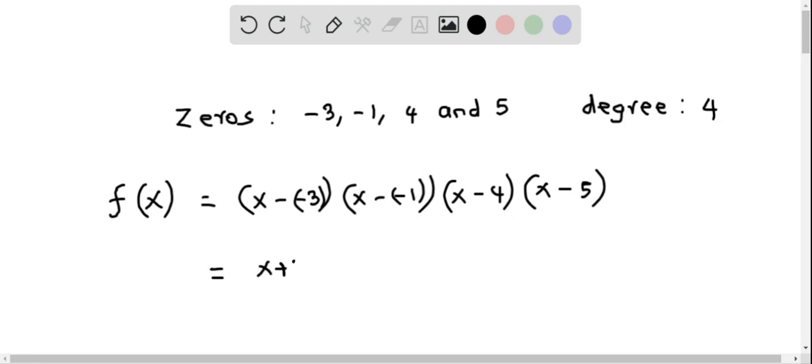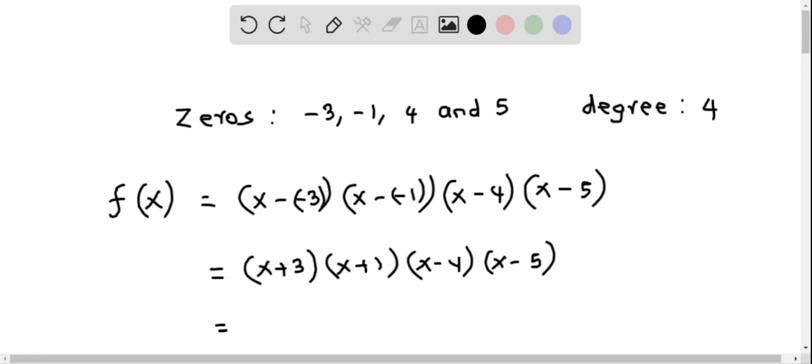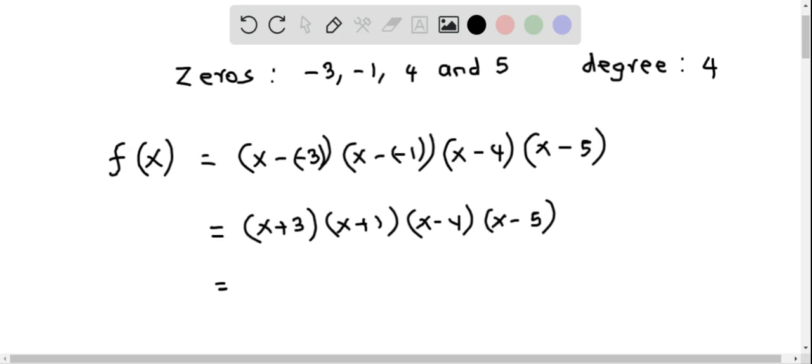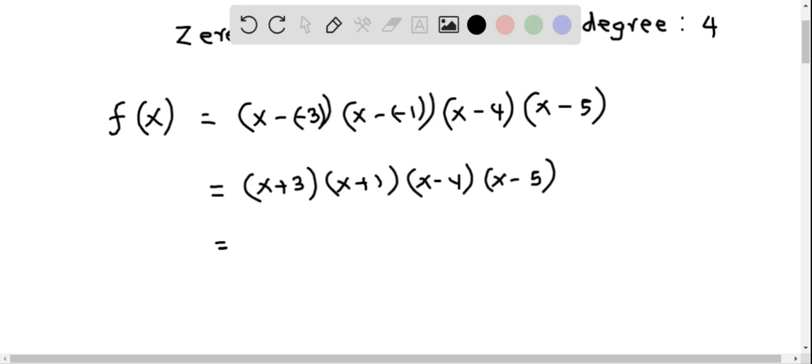So this becomes x plus 3 times x plus 1, then times x minus 4 times x minus 5. So basically we have to multiply all the four linear factors and write down in the form of x to the power 4 plus x cube plus x squared plus x plus constant term with the corresponding coefficients.